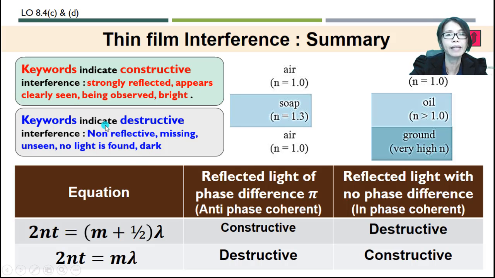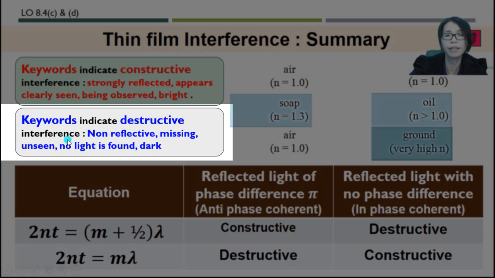Keywords that indicate destructive interference are like non-reflective, missing, unseen, no light is found, dark. So if you see all these keywords, then you understand that the reflected light is doing destructive interference.